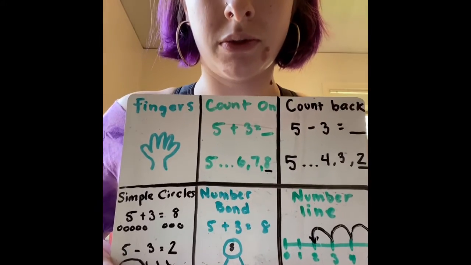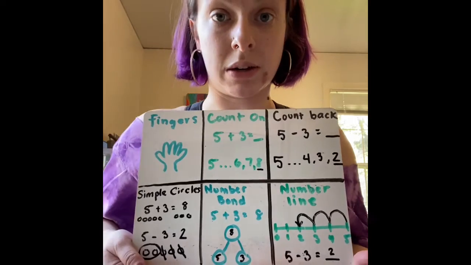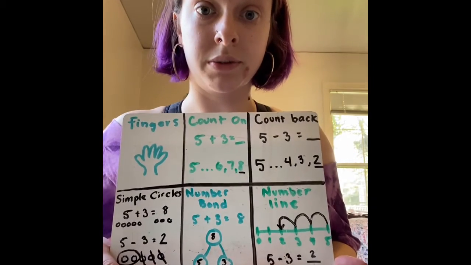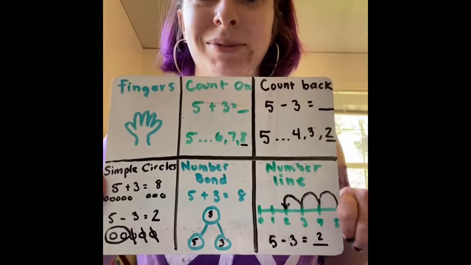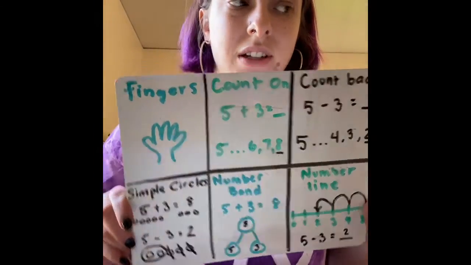You can solve the expression. You can write down what you notice. There's no wrong answer. Okay? So here are some strategies that you can use. Are we ready? Okay, you have 10 seconds.